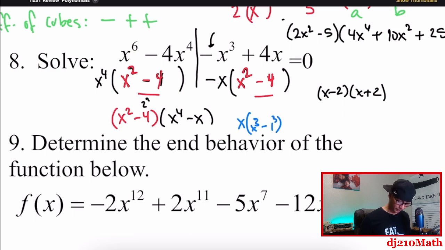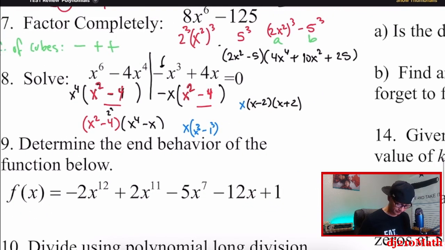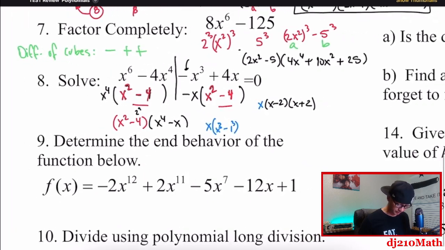So let's put it all together. The x is a factor for sure. And then this x cubed minus 1 cubed business is going to be, right, a difference of cubes, so x is A, 1 is B. So x, difference of cubes is minus plus plus.